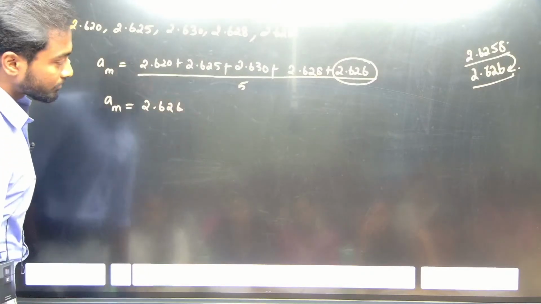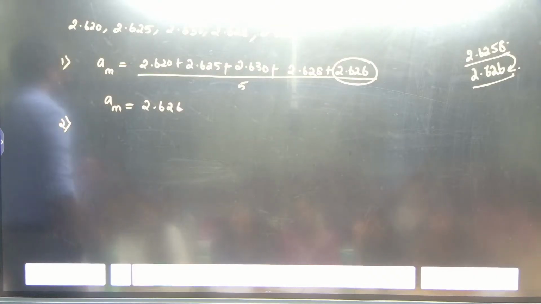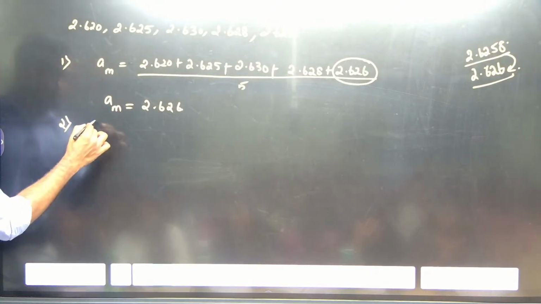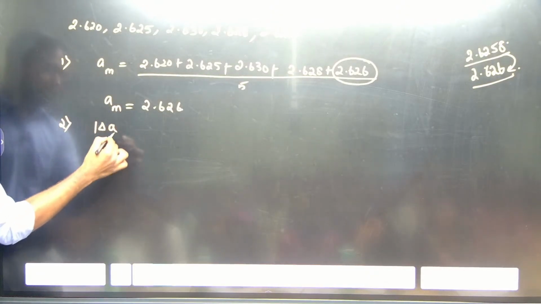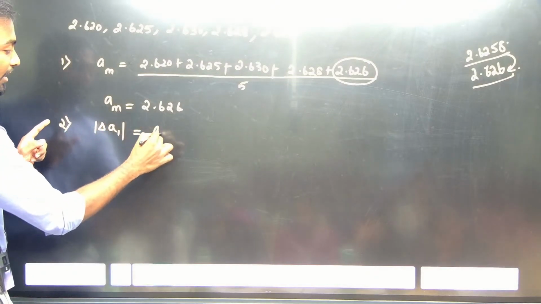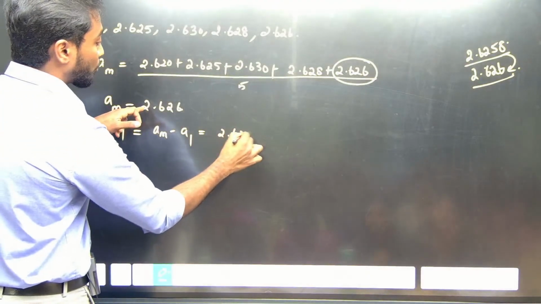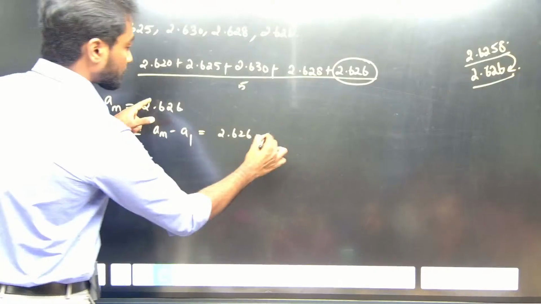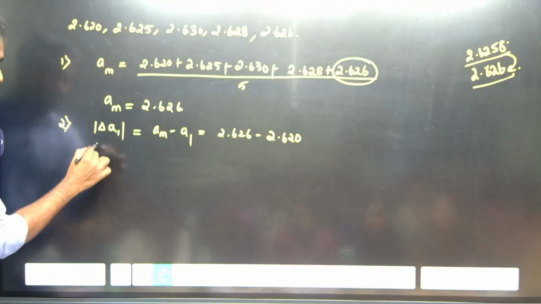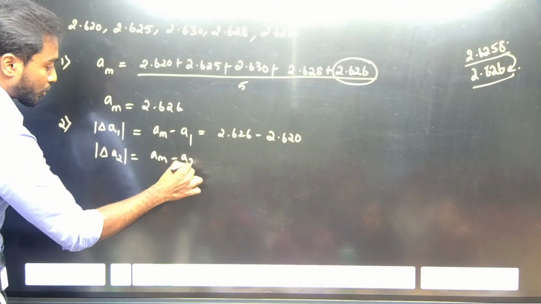Now the second step, what should I do? Absolute error. What is the thing I should do now? Delta A1, in the sense A mean minus A1. What is A mean? 2.626 minus 2.620. Next, delta A2, A mean minus A2.